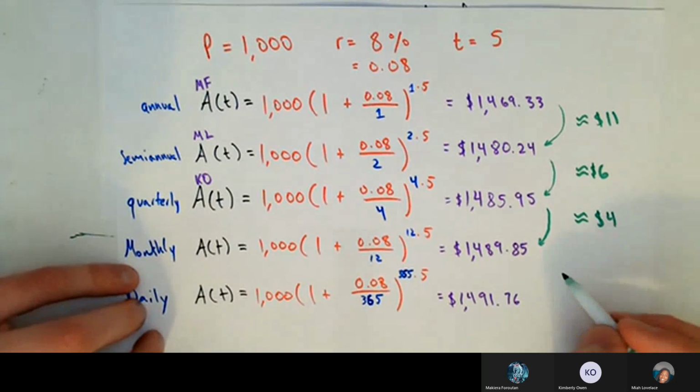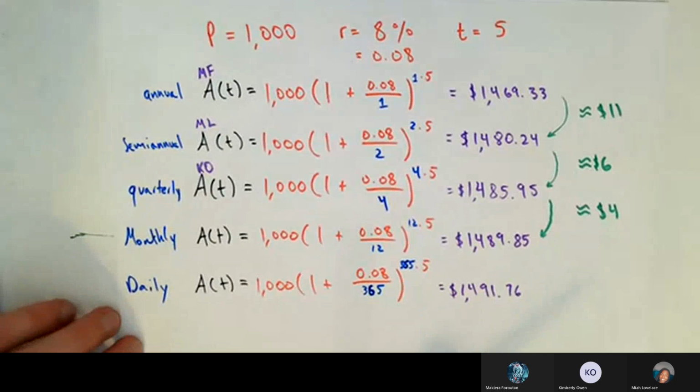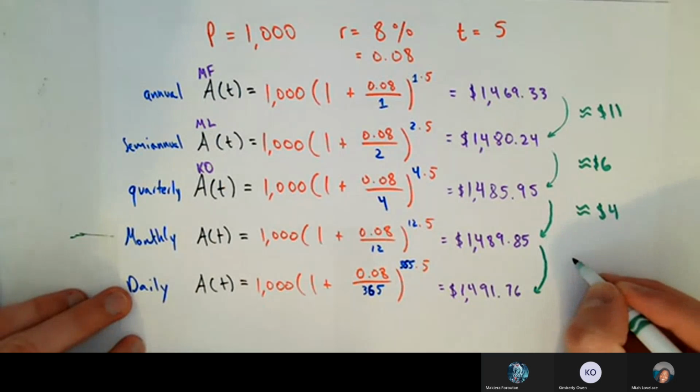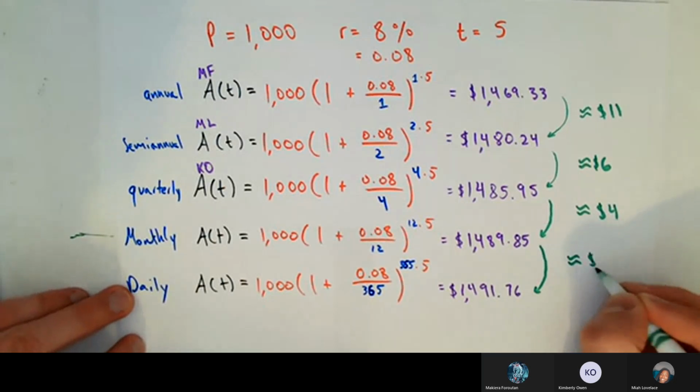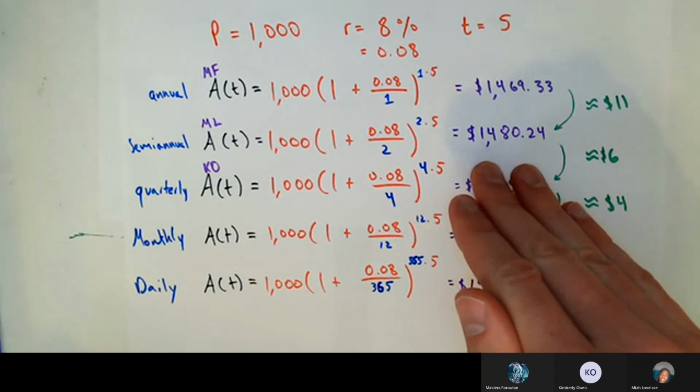And now here comes the huge jump from monthly to daily. This is where they're compounding your interest every single day of the year. And what happens from monthly to daily? That difference is only about $2. So yes, the money is increasing, but it's increasing at a decreasing rate.